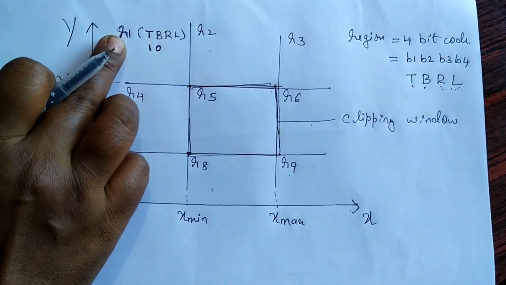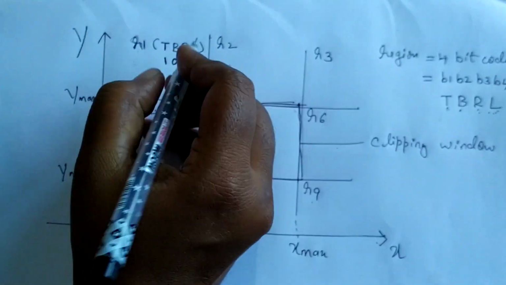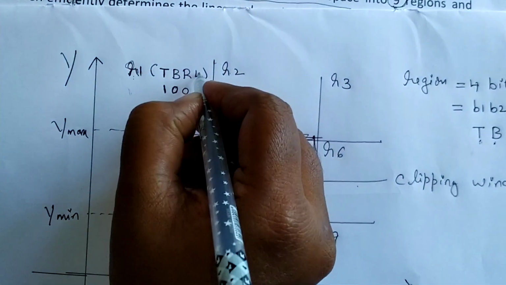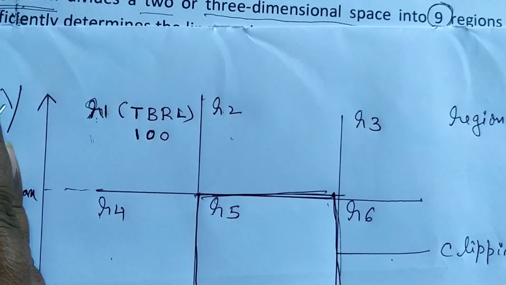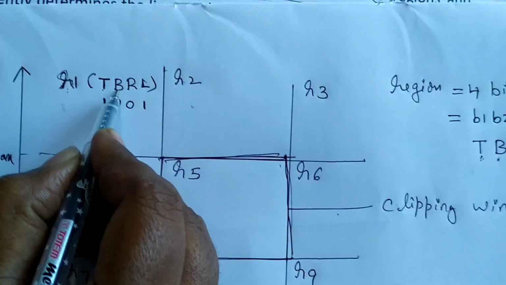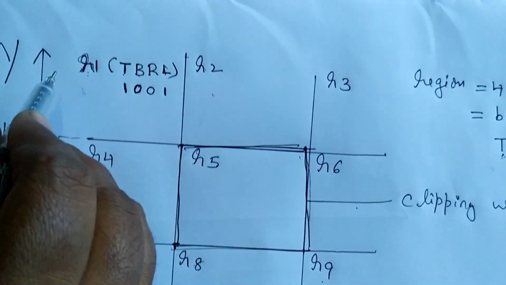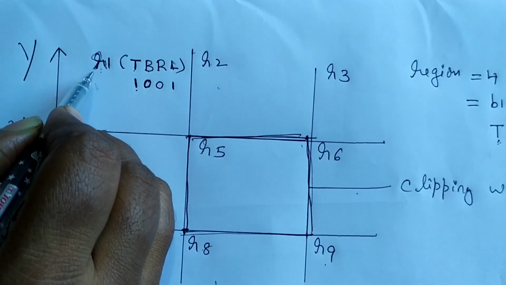Is region 1 located on the right side? No, it is located on the left side, so the right bit will be 0. L stands for left. This region is located on the left side of the window, so this bit will be 1. On the basis of top, bottom, right, left, we have assigned a 4-bit code to region 1.